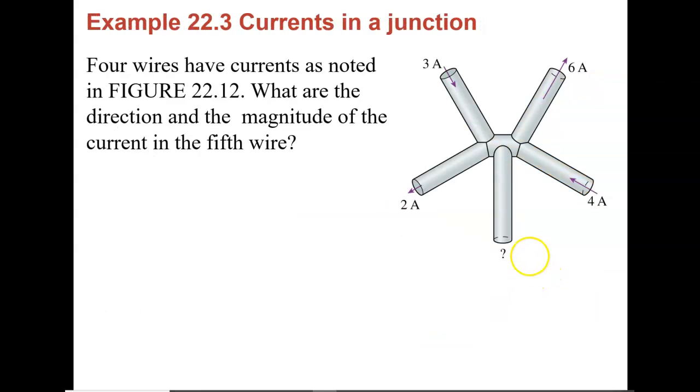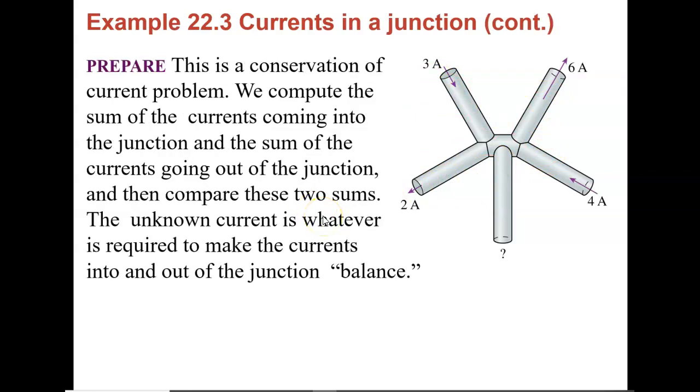So we have these currents here: a 2 amp out, 3 amp in, 6 amp out, 4 amp in. We need to find the current going through this. Keep in mind, all the current going in needs to equal the current going out. So this is conservation of current, following Kirchhoff's law.